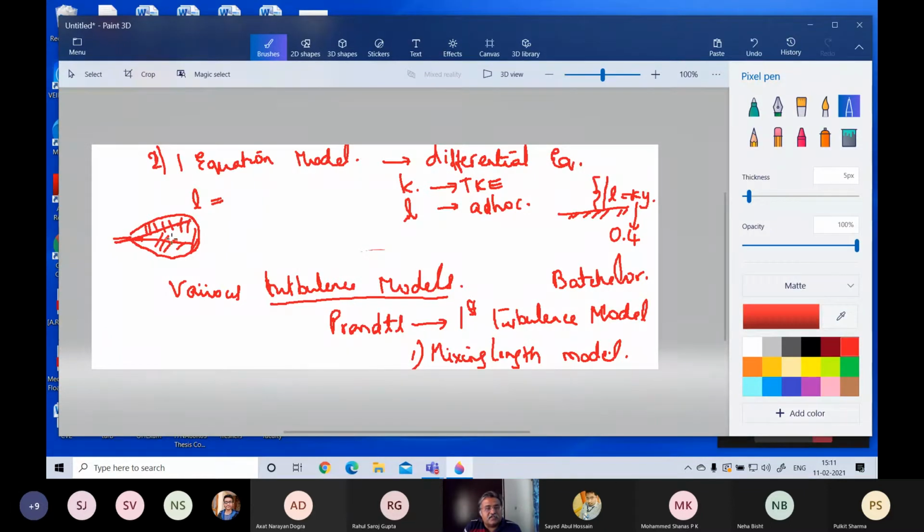The jet grows like this, and it entrains fluid from the ambient fluid. For a jet, L is something like alpha into delta, where delta is known as the jet width and alpha is some constant. So for those flows, L equals alpha delta.